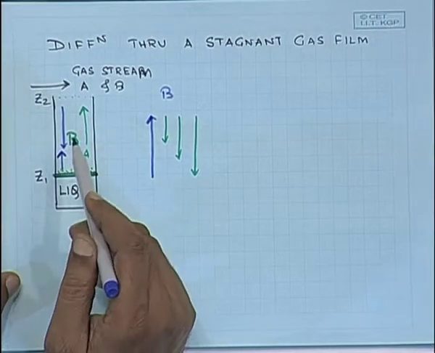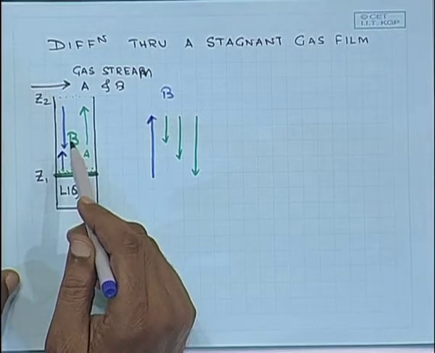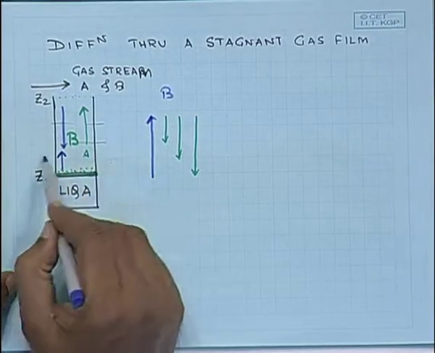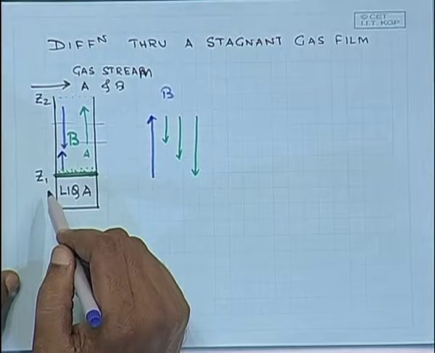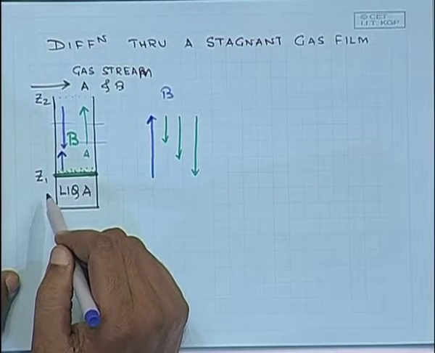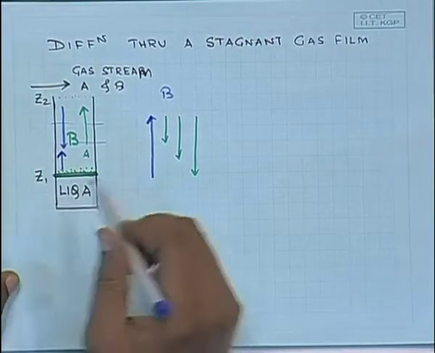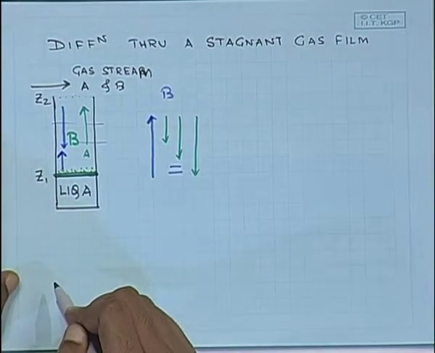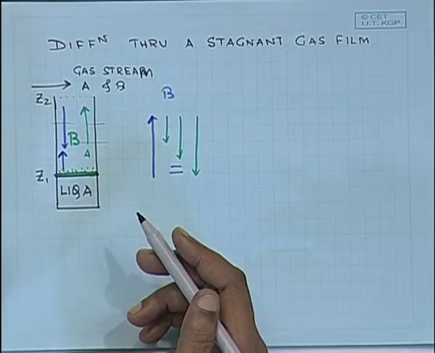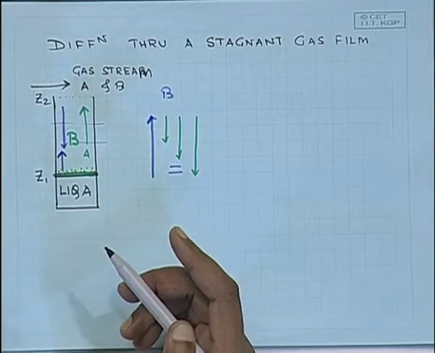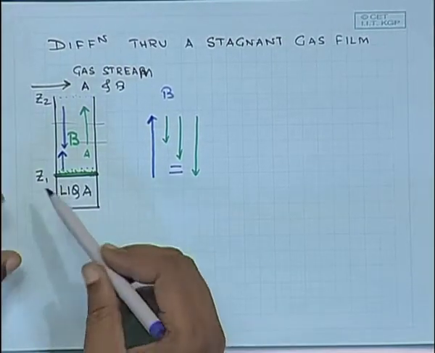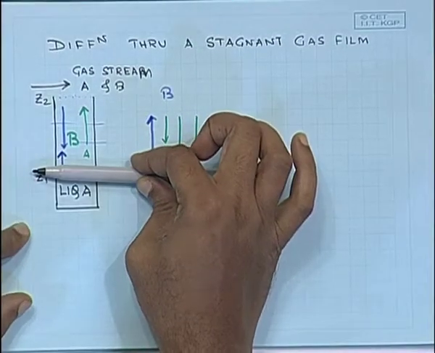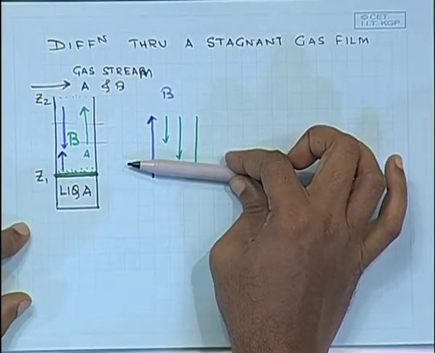And how do you define steady state? Where concentration of B at any Z location is unchanged with time. How can that happen? Only when these two are equal. So, essentially you are going back to the situation which you had before you took this cover off.